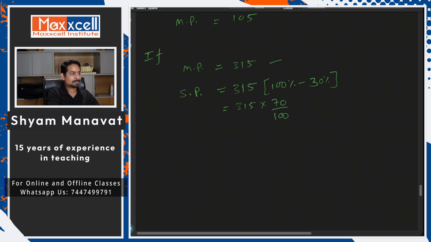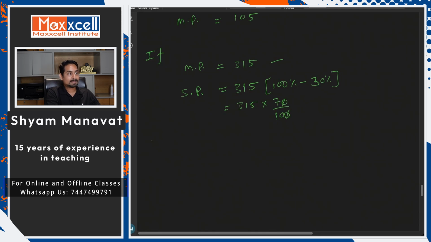Let's simplify this part. 315 multiplied by 7 is 2205, and then dividing by 10 gives a decimal: the selling price is 220.5. So if the mark price is tripled and a 30% discount applied, the selling price is 220.5.